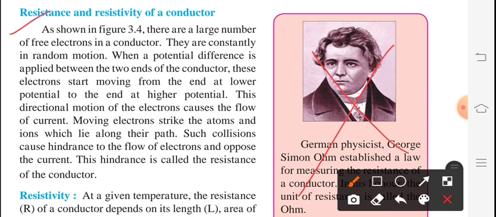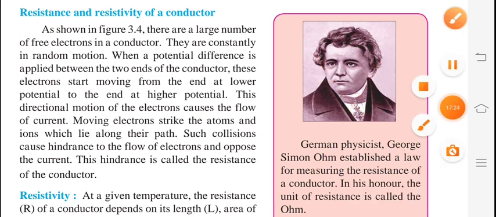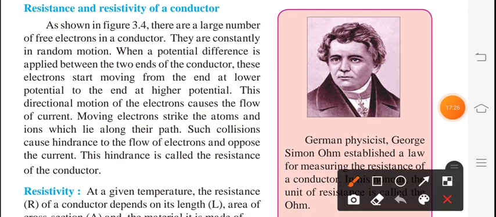Next topic is resistance and resistivity of a conductor. As we have seen in the previous diagram, figure 3.4, the electrons are constantly in random motion in a conductor. When a potential difference is applied between the two ends of the conductor, these electrons start moving from the lower potential end to the higher potential end.